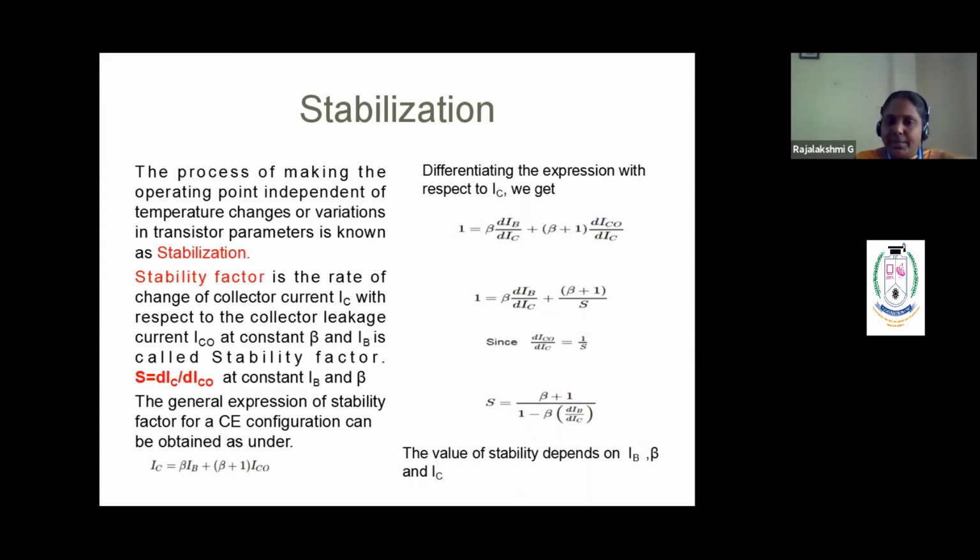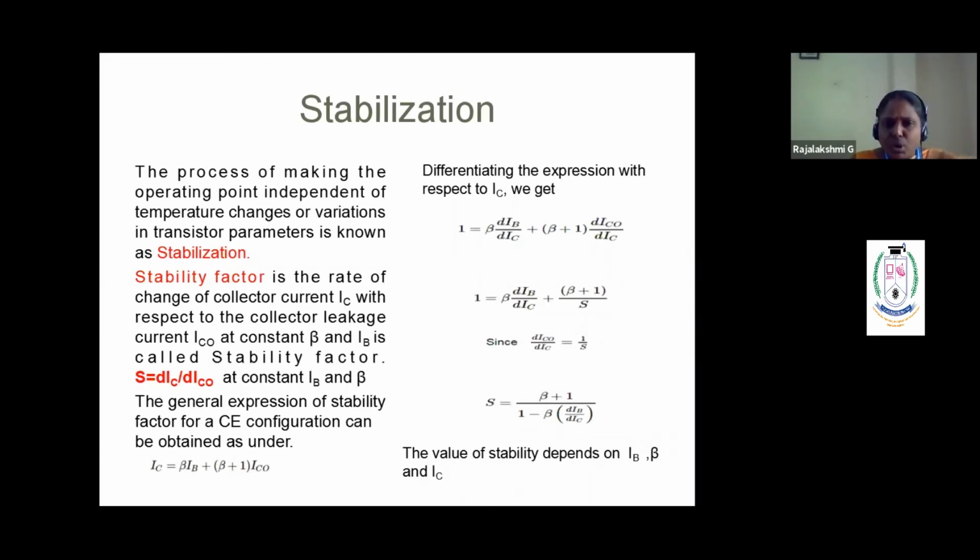To find the stability, you have to derive a small thing. Simple: you have to differentiate the equation IC equals beta IB plus (beta plus 1) ICO with respect to IC. After differentiating, the left hand side becomes 1 because you are differentiating with respect to IC. In the same way, the right hand side also you differentiate. That becomes beta into dIB by dIC, plus the next term (beta plus 1) into dICO by dIC, where beta plus 1 is a constant value.